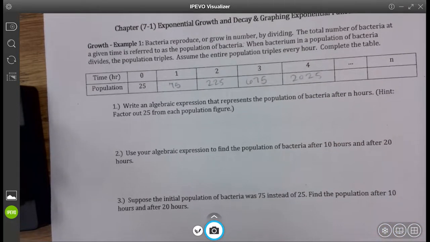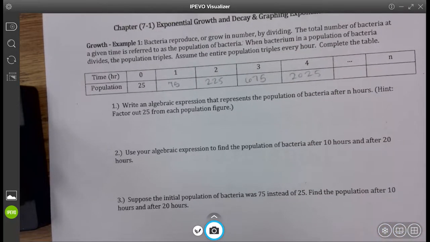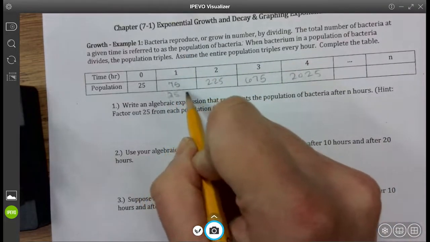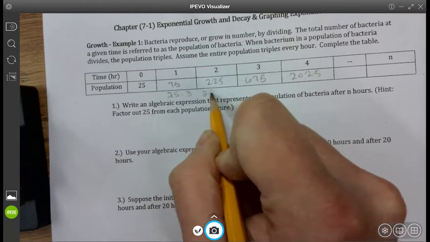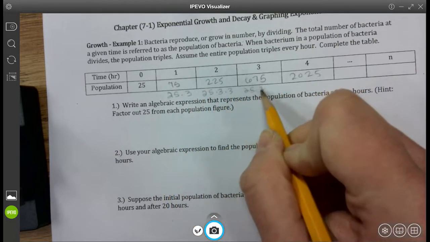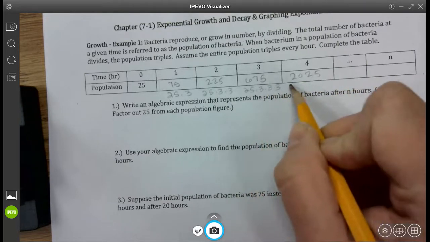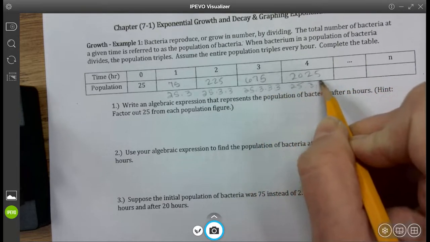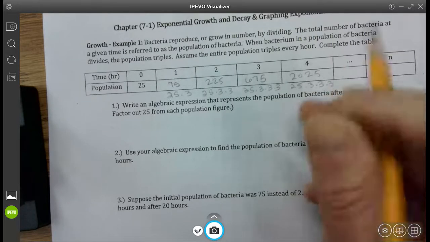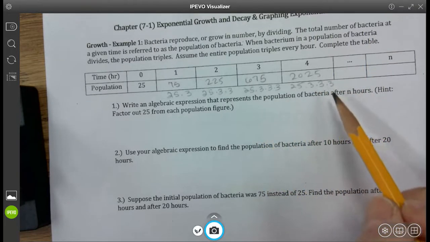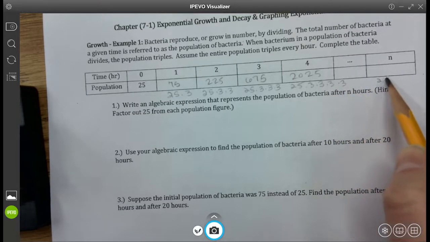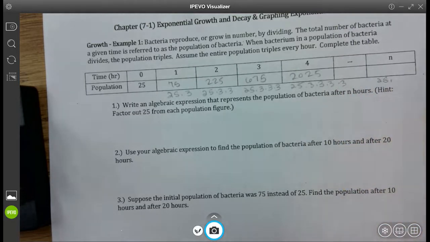Now n, okay, after n hours. We don't know, but there has been a pattern throughout all this that you keep that original 25, and all you're really doing is hitting times 3 over and over again on your calculator. So how many times 3's are there going to be when you get to n hours?